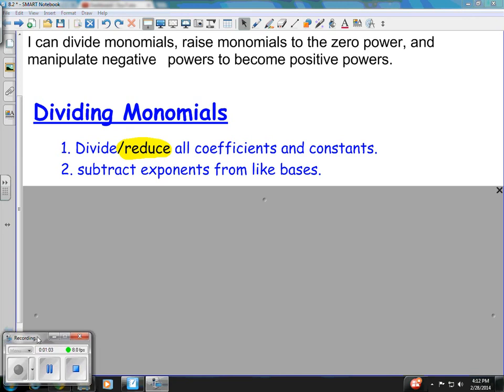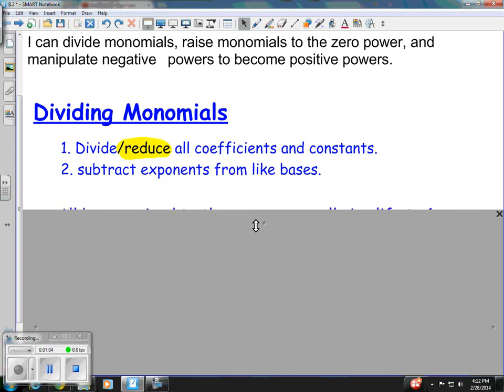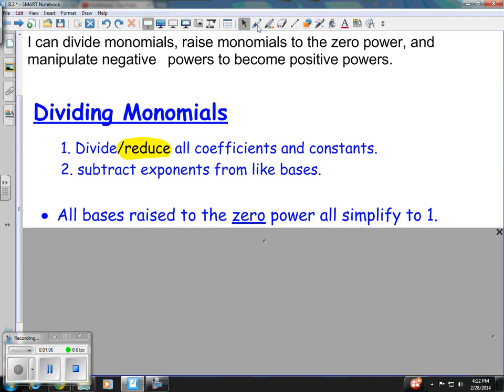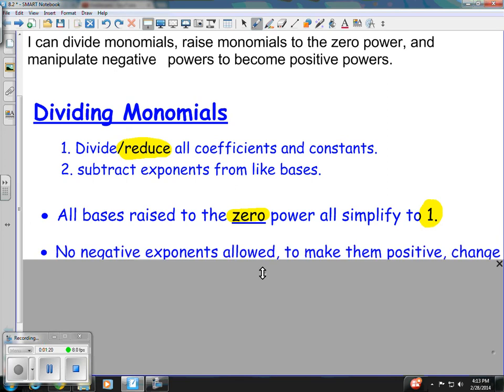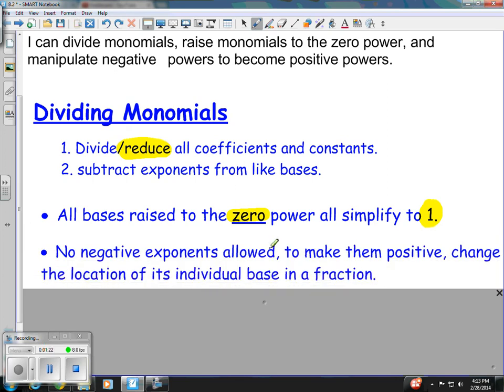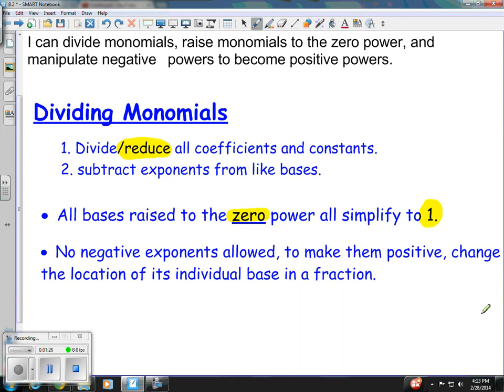Now, two quick rules to write down next are that all bases raised to the zero power simplify to 1. So that means anything and everything raised to the zero power will simplify to 1. And lastly, no negative exponents allowed. We know that from our examples of monomials.